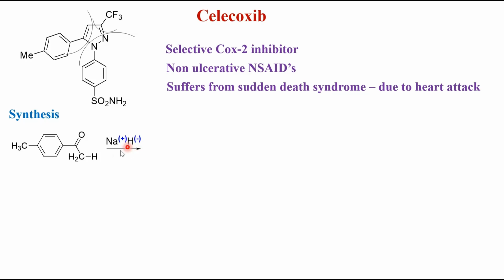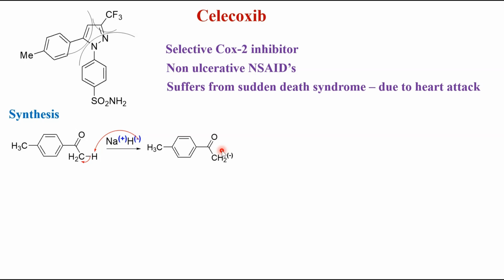It is acidic enough to lose the proton due to the adjacent electron withdrawing group, which is the carbonyl here. It is acidic enough to lose the proton and the base is strong enough to abstract the proton. It abstracts the proton from here, and the hydrogen is lost as proton, leaving the electrons onto the carbon, and it gives rise to a carbanion generation.